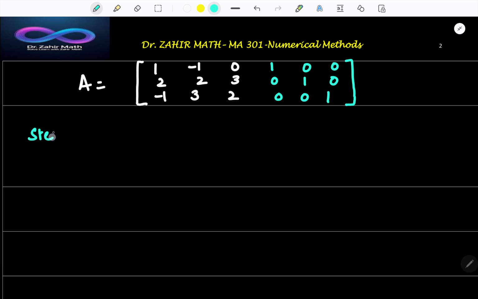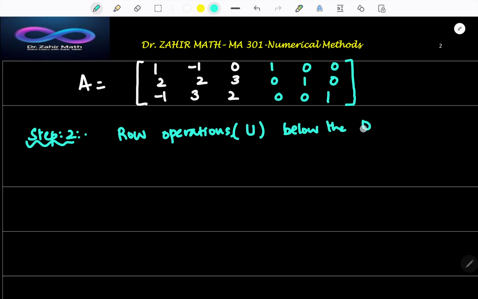Now I'm going to step number 2. In step number 2, I'm going to use row operations, especially to make it an upper triangular matrix. That means below the diagonal, I'm going to make all the elements 0. What is the diagonal?